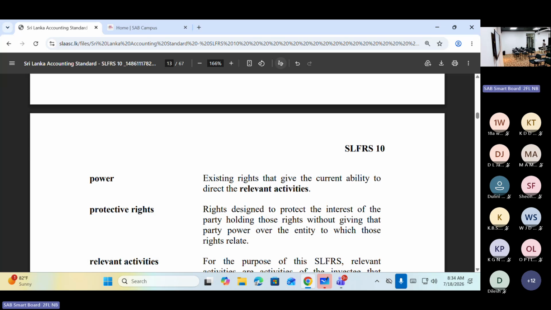Parent, apostrophe s. Subsidiaries' financial statements. We are supposed to collect all these financial statements.